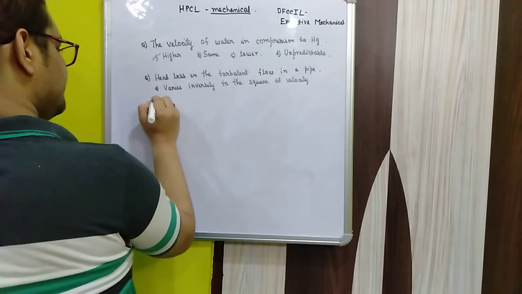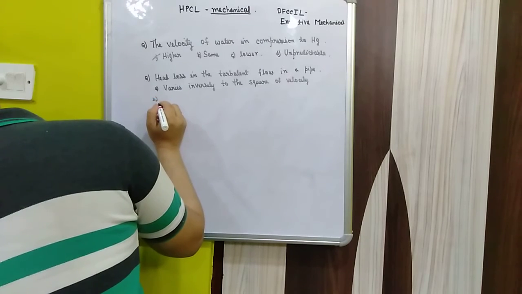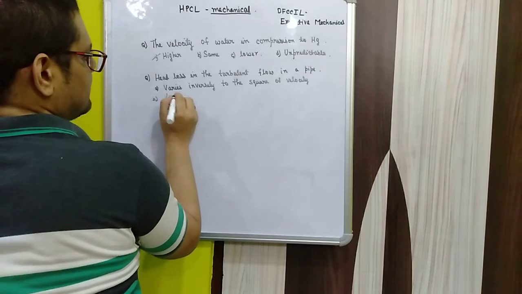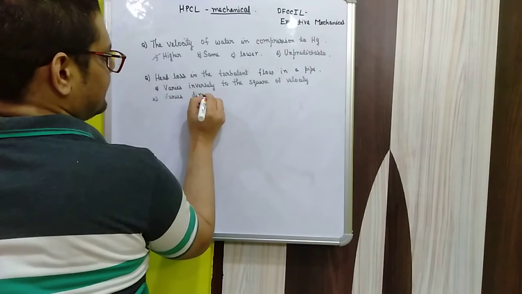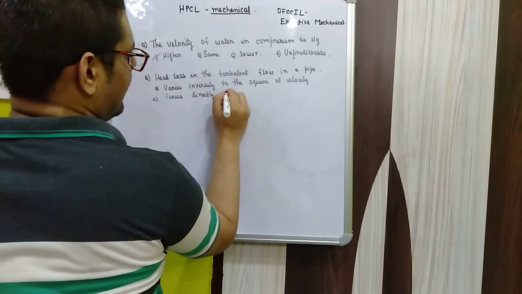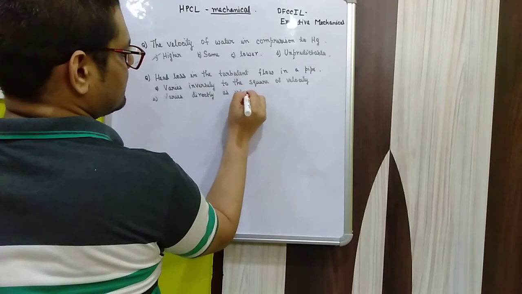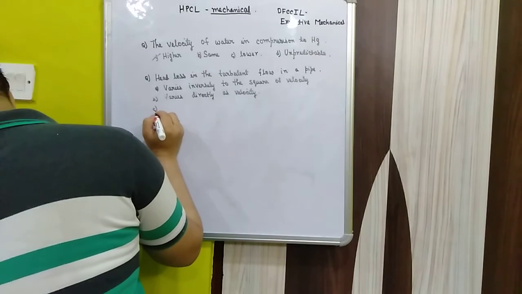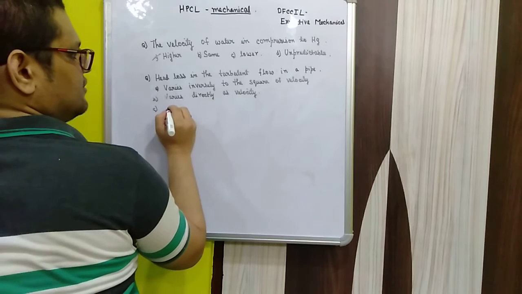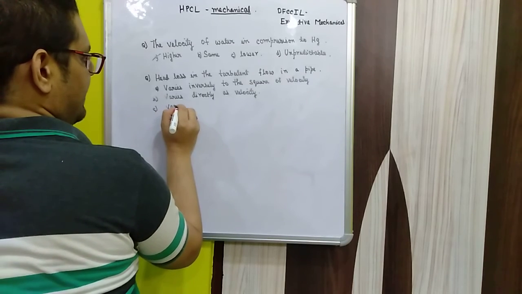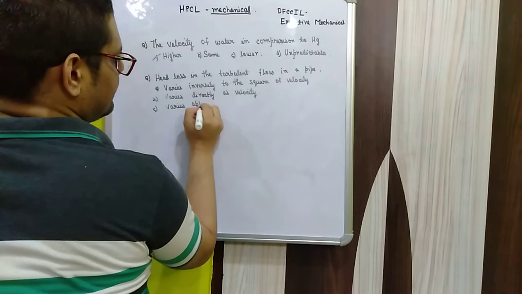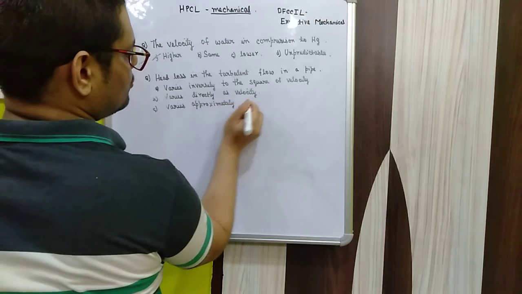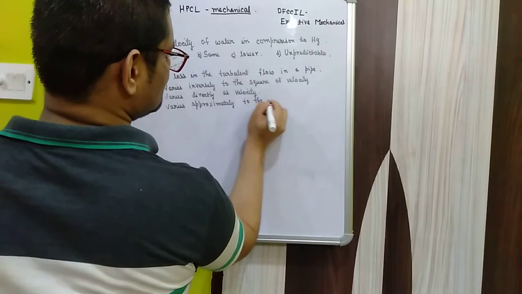Option B is varies directly as velocity. Option C is varies approximately as the square of velocity.